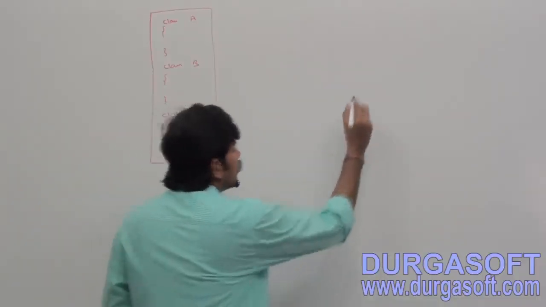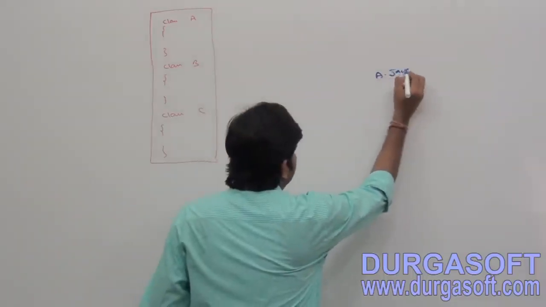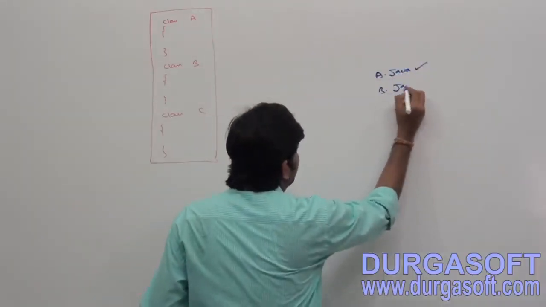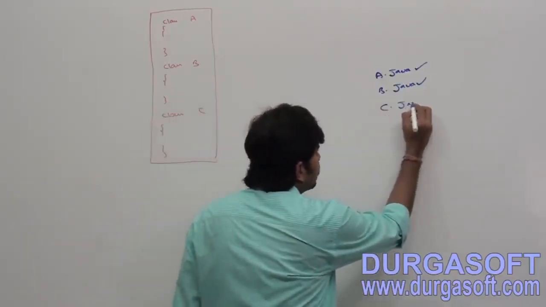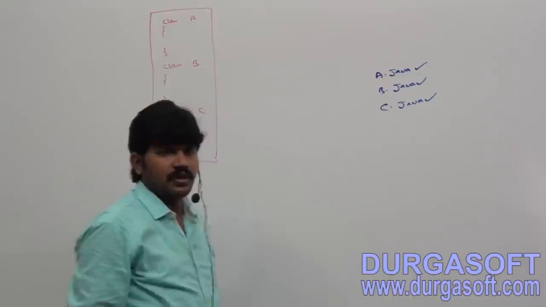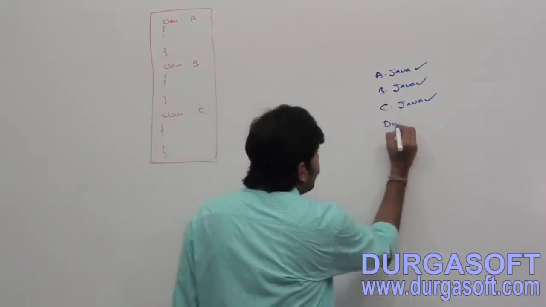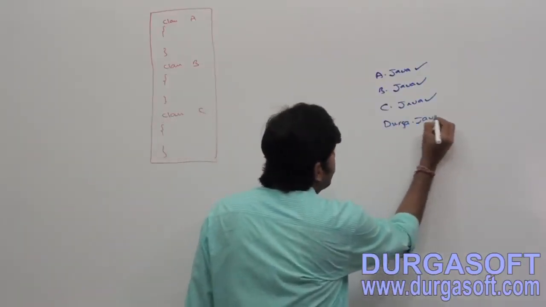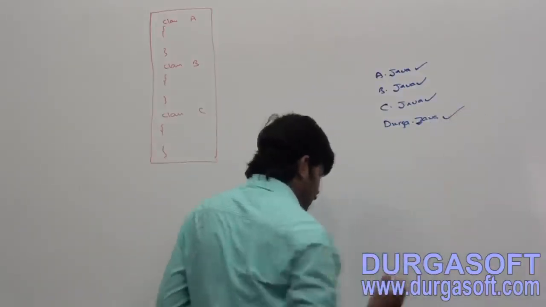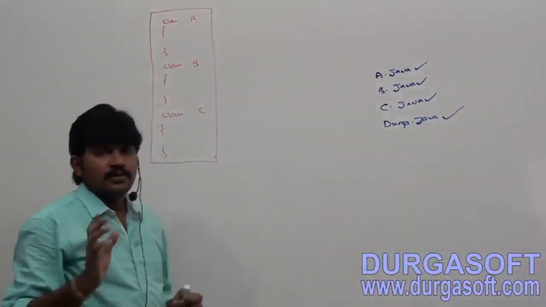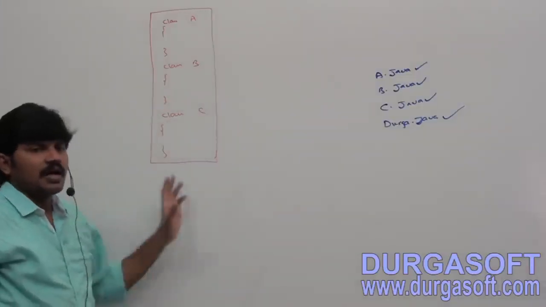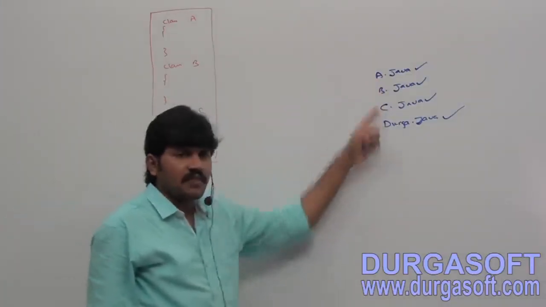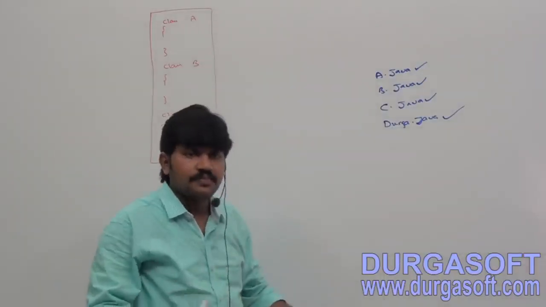If you want, you can save it as a.java, no problem, or b.java, or c.java, or even durga.java, valid. So a Java program can contain any number of classes and we can use any name for the Java program, no problem at all.